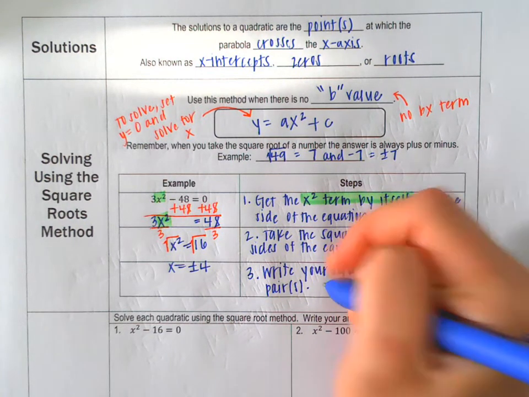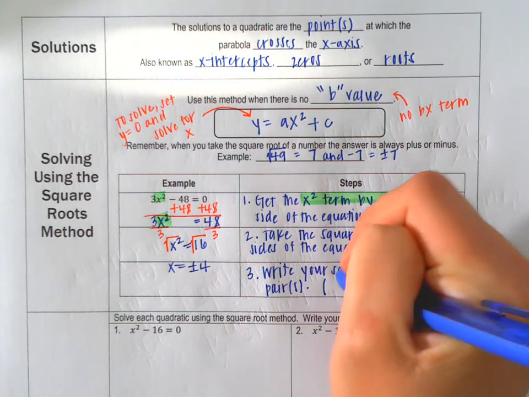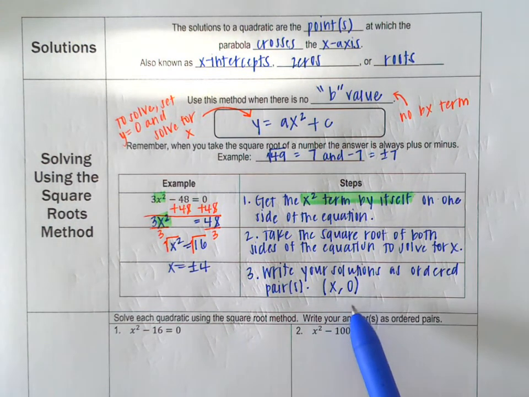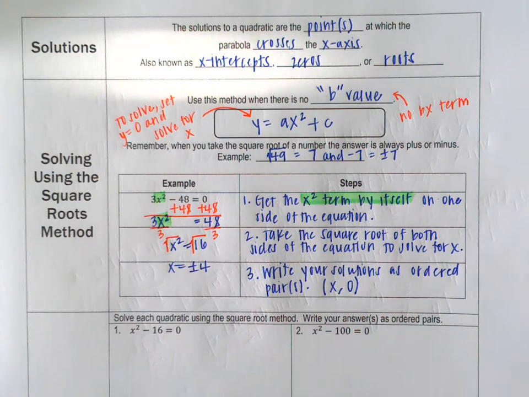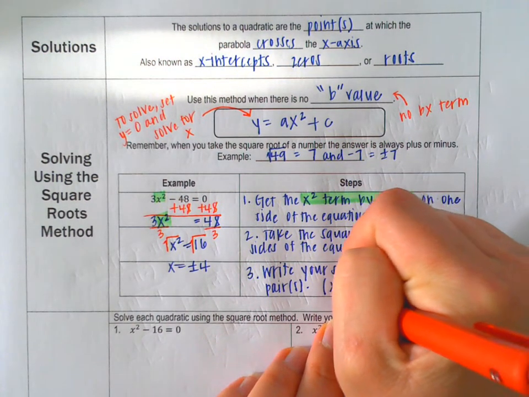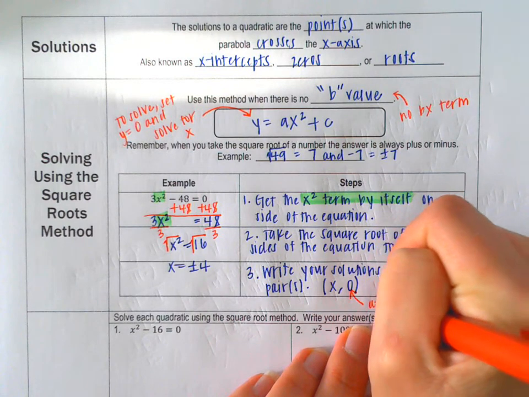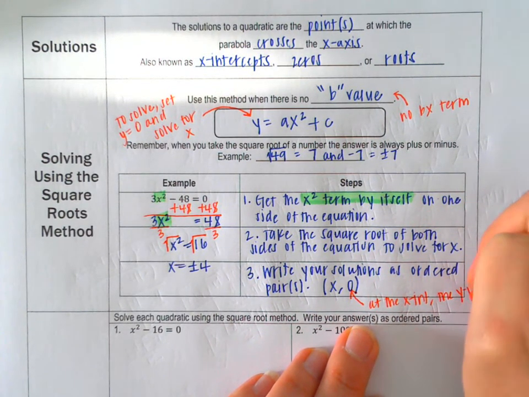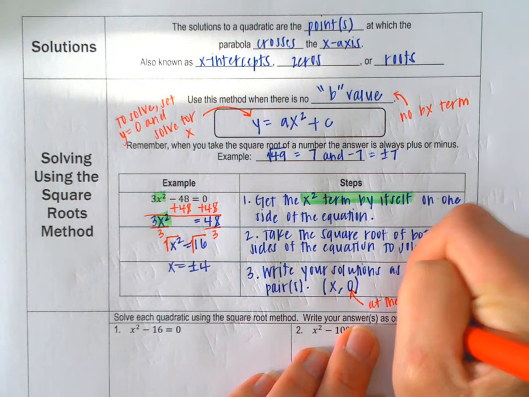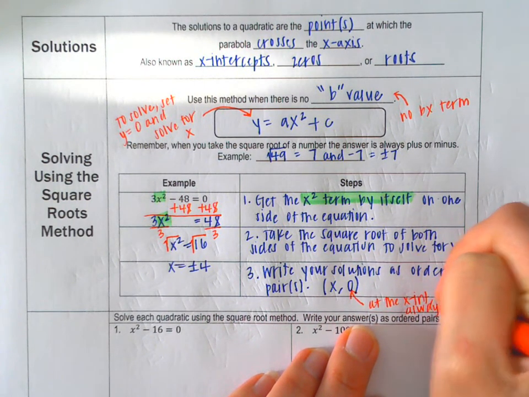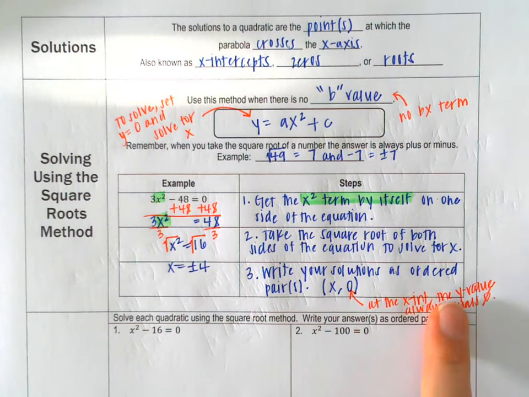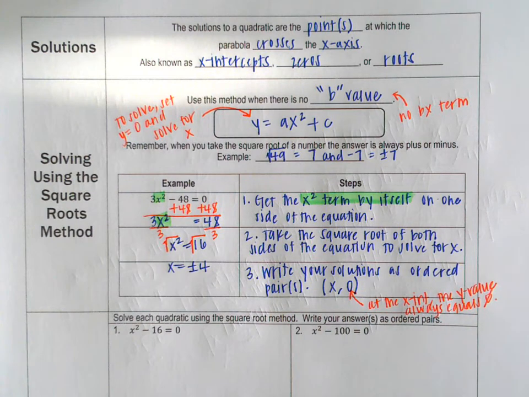So remember, as an ordered pair, you'd write it as x comma 0, because the y for an x-intercept is always 0. So at the x-intercept, the y value always equals 0. So that's why we can always assume that the y is 0.